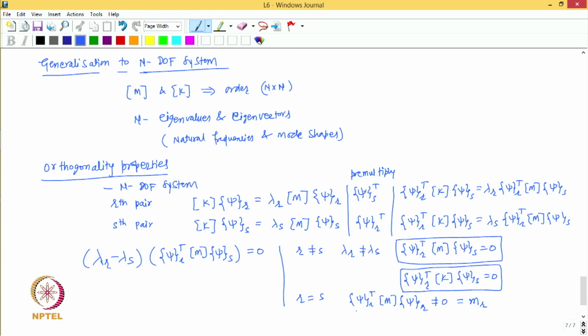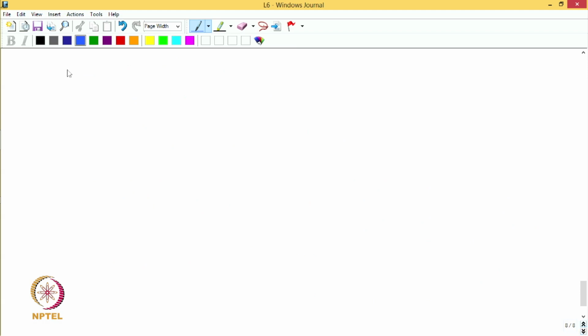Similarly, for the stiffness matrix also we will have a scalar, k r. Let us write that on the next page. For the stiffness matrix, psi r transpose k psi r is again not equal to 0, but is going to be equal to some scalar, and let us call that k r.